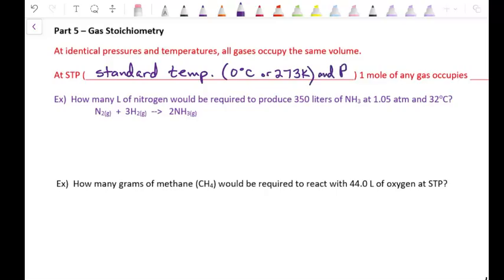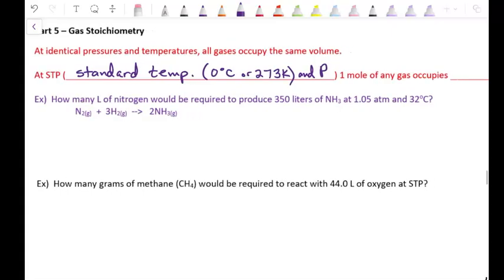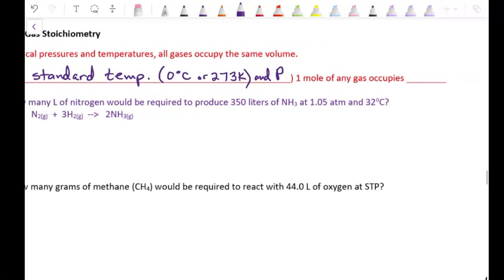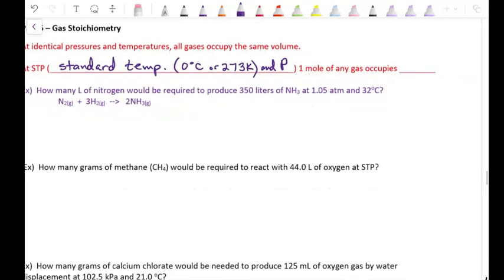And for pressure, we already know standard pressure is 1 atmosphere, 760 mmHg, etc. So at those conditions, 0 Celsius and 1 atmosphere, 1 mole of any gas, regardless of its identity, occupies 22.4 liters.